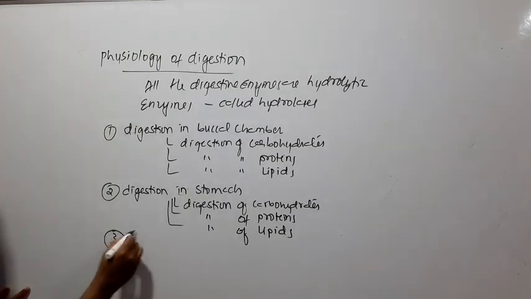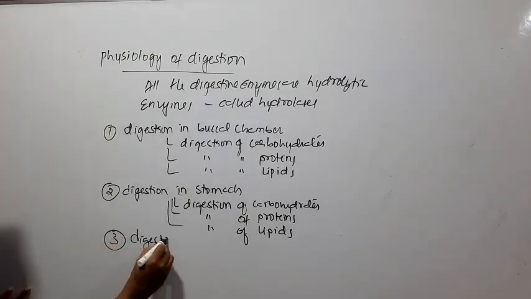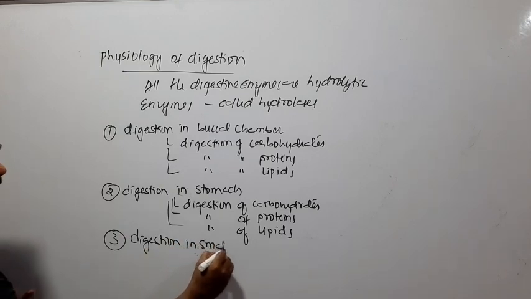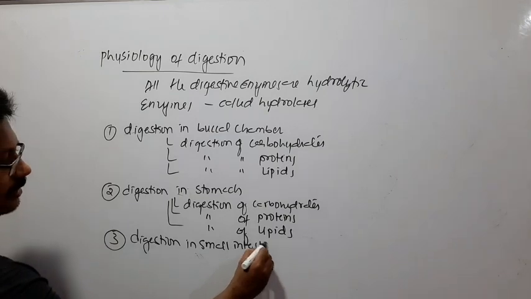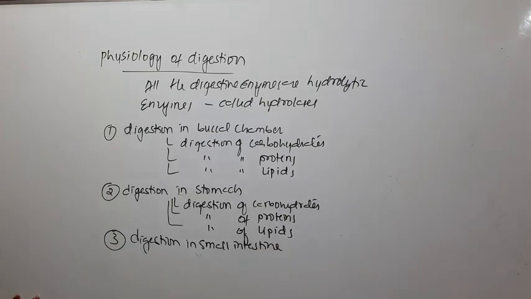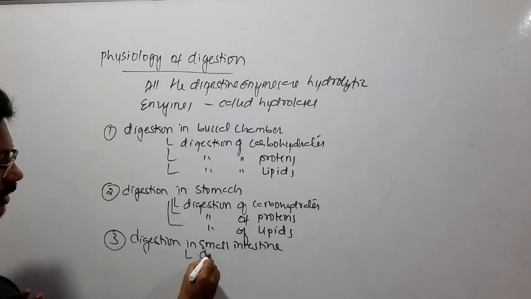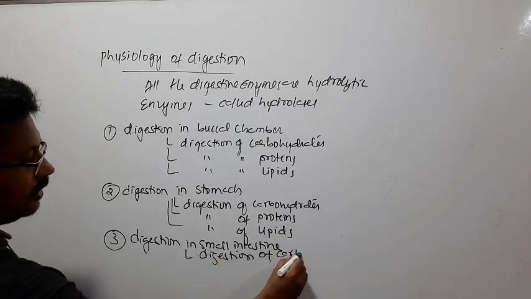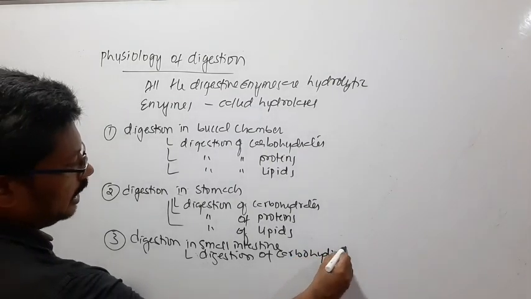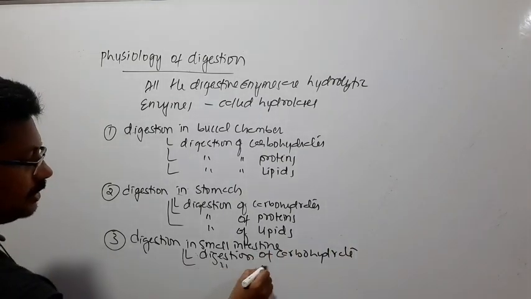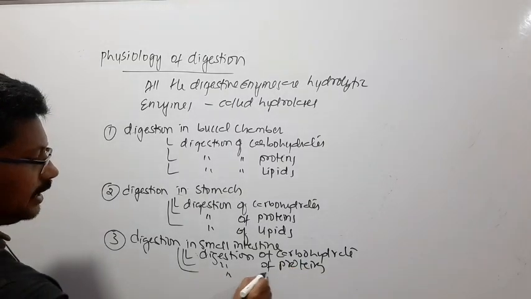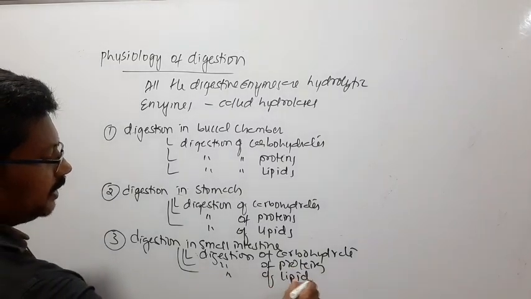Then the third one, we'll see digestion in the small intestine. So again in this case we'll see the digestion of carbohydrates, then digestion of proteins, and again the digestion of lipids.